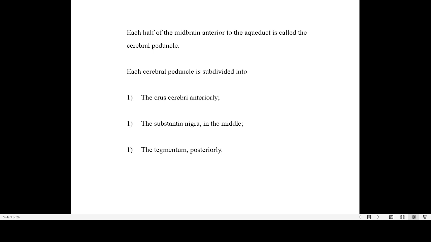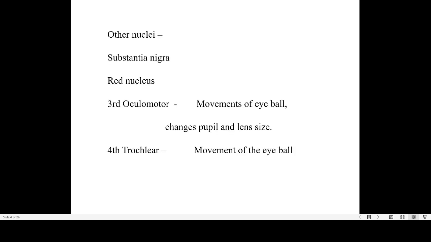Each cerebral peduncle is subdivided into the crus cerebri anteriorly, the substantia nigra in the middle, and the tegmentum posteriorly. We remember these three important parts. That is the three portions.